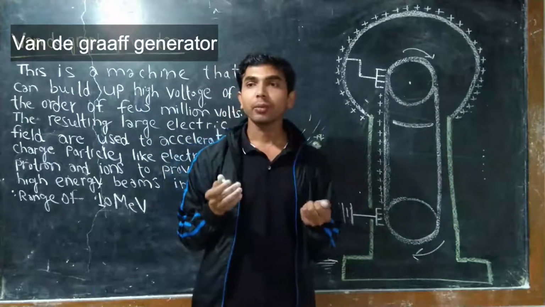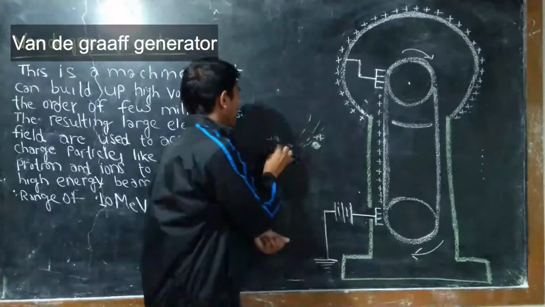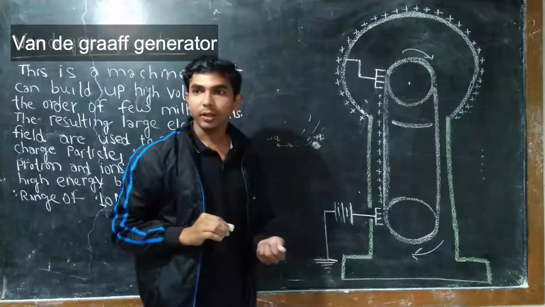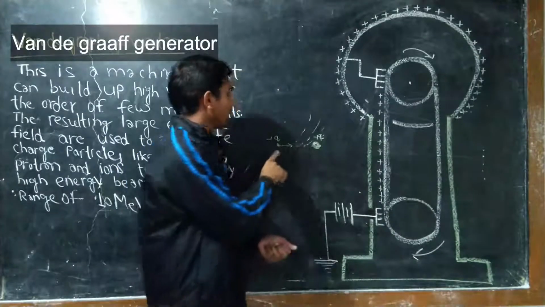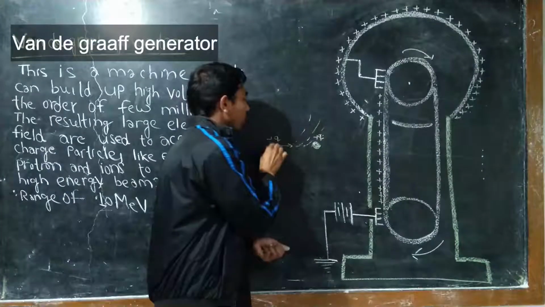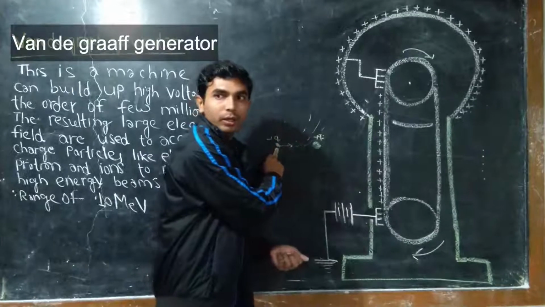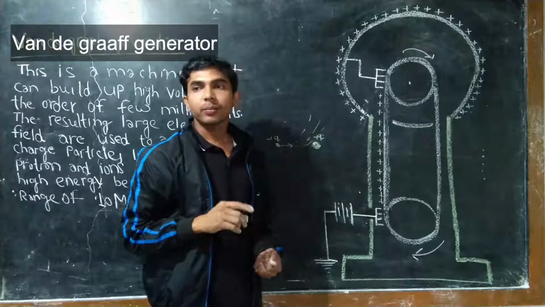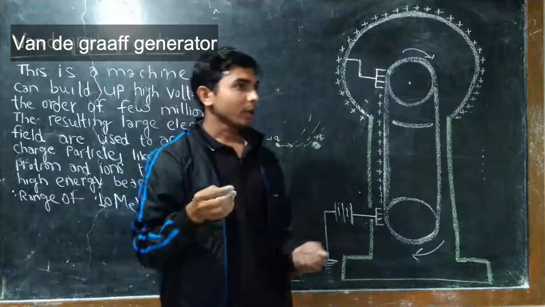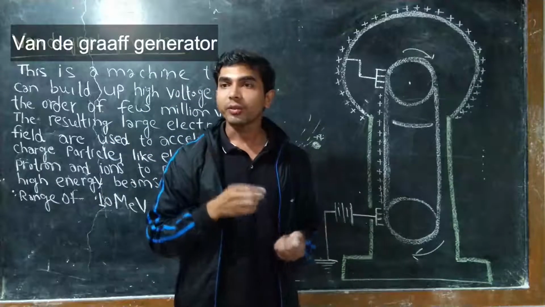Higher speed means this particle has much kinetic energy, so we have to give a larger amount of kinetic energy to it. That kinetic energy can be obtained from the potential energy.